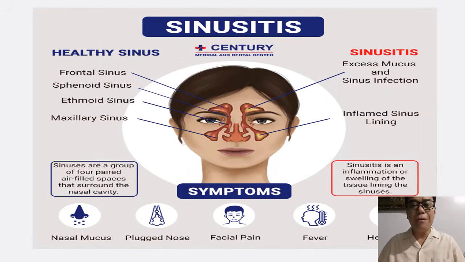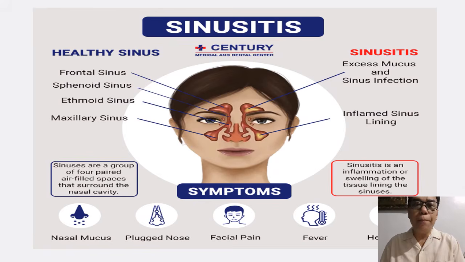So when we talk about sinusitis, itis means inflammation, right? So what is inflamed? The sinuses. Here at this slide, what we can see is the difference between a healthy sinus and those persons with a sinusitis. Okay.